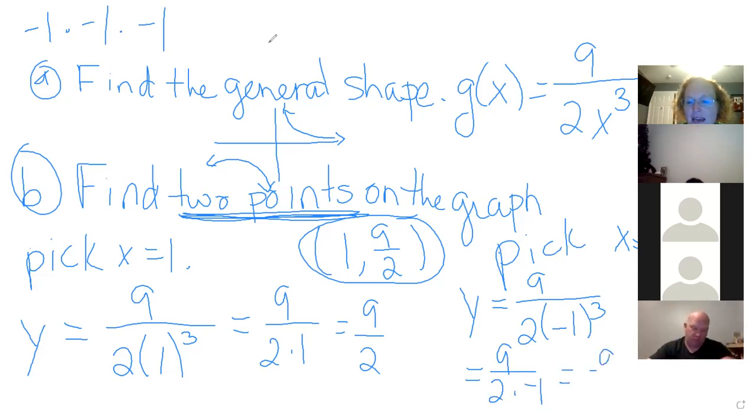So this ends up being a negative answer right here. And so the point on this graph would be -1, -9 over 2. Or -1, -4.5, either one.